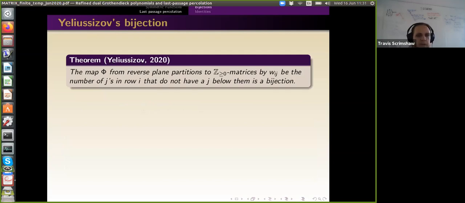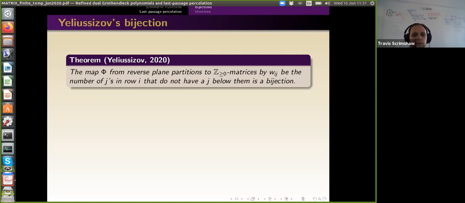And how we can build the connection between this combinatorial geometric picture and the last passage time of these random matrices is that we just have the ij entry of W, this random matrix, just count the number of j's in row i of a reverse plane partition where that box, filled with a j in row i, does not have a j below it.